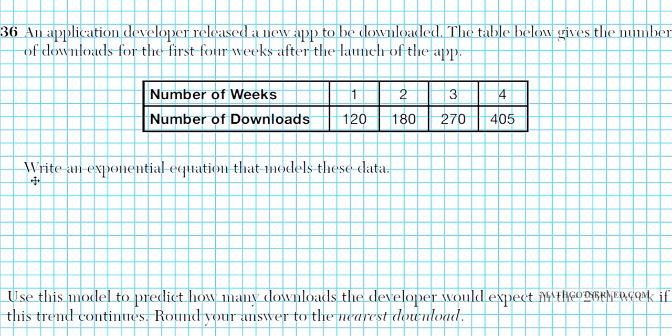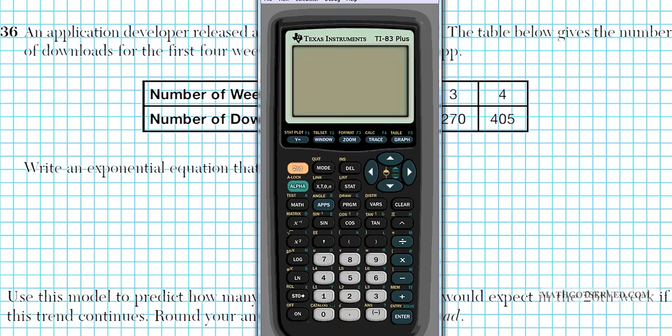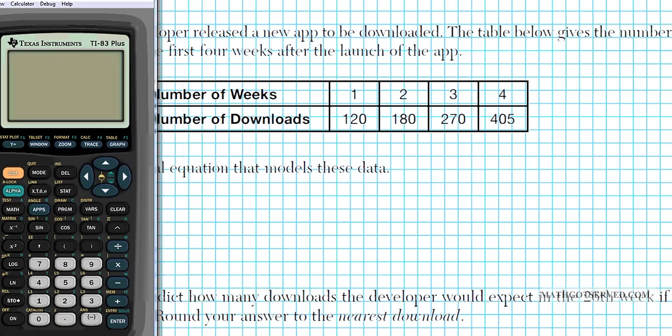Let's answer the first one. Generating an exponential equation that models this growth rate, all we have to do is use exponential regression in our calculator, and this should be a piece of cake. We're going to go to statistics, edit, and enter the number of weeks and number of downloads in the first two columns of the stat entry list.